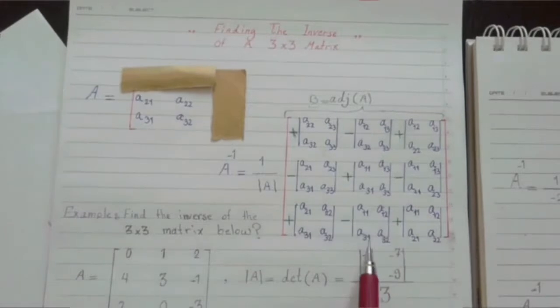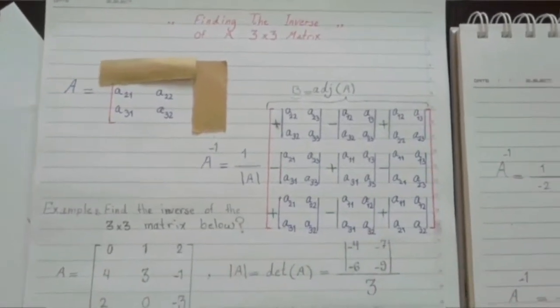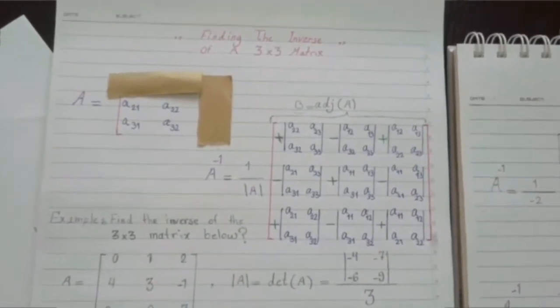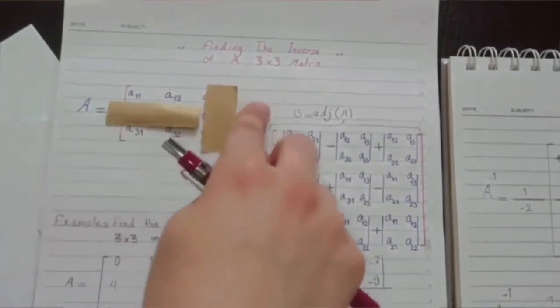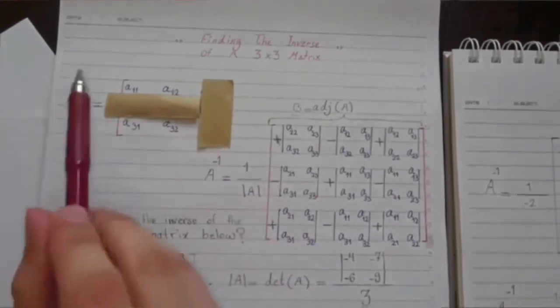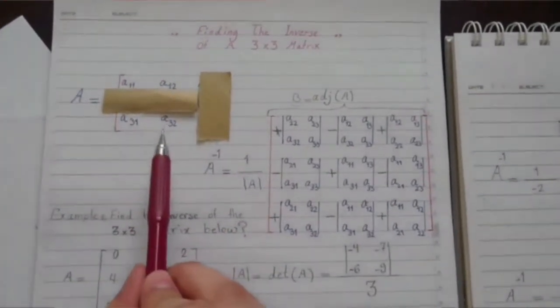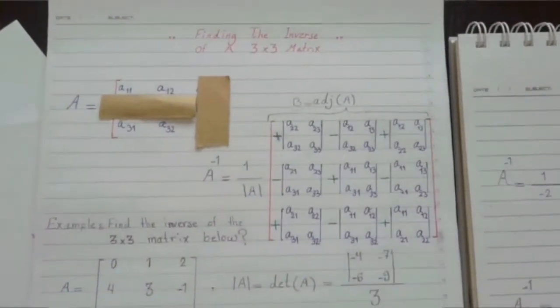And entry B sub 3 2 is equal to the determinant of the matrix of ignoring the third column and second row that we are left with, which is going to be A sub 1 1, A sub 1 2, A sub 3 1, and A sub 3 2. Okay.